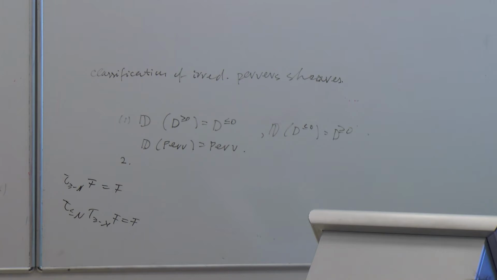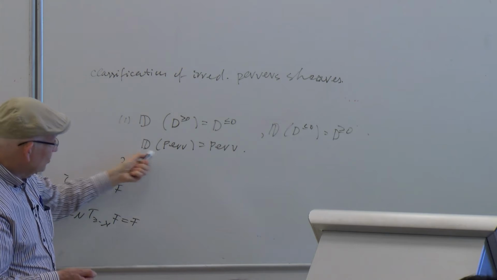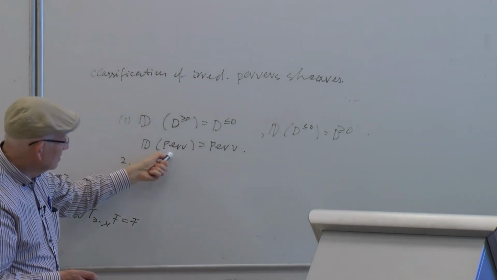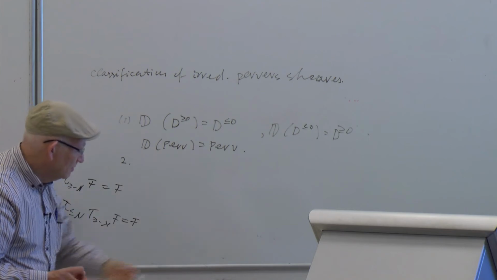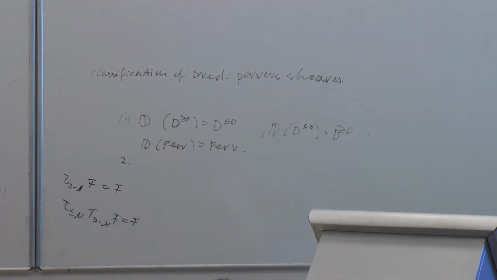Okay, so this implies that these two statements are equivalent, because perverse is invariant with respect to this duality, so any f you can write as glued from a finite number of perverse.